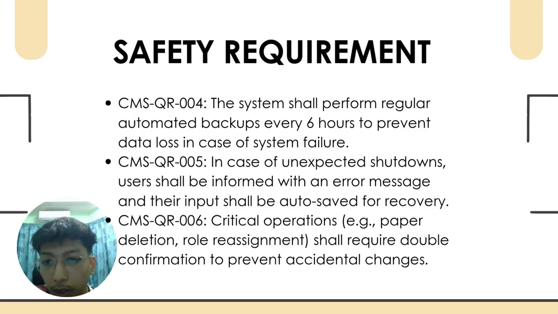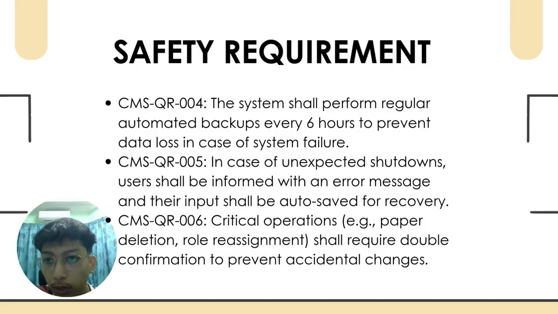And then next, in case of unexpected shutdown, users shall be informed with an error message and their input shall be autosaved for recovery. And then the last one is critical operation, for example paper deletion or role reassignment, which shall require double confirmation to prevent accidental change. So this helps us protect both the data and the user experience.